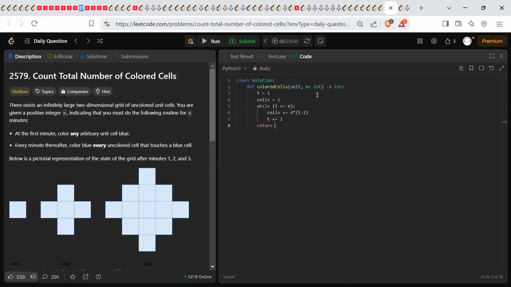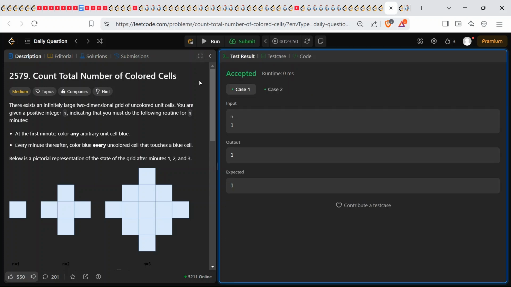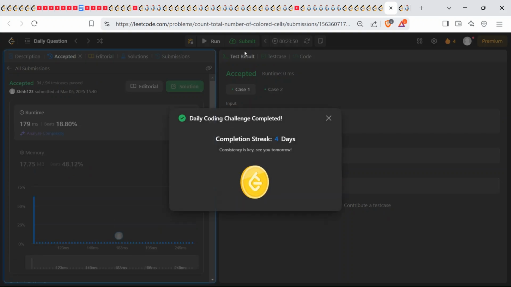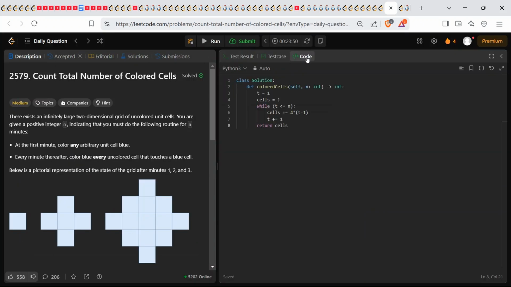Afterwards, if I break out of the loop, that means t is greater than n. So I would return the number of cells I get. That would be the colored cells value. Yep, it's passing the given test cases. Hopefully it passes all the test cases. Yep, it is.